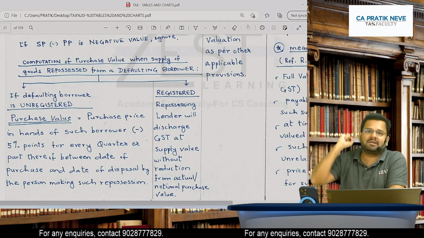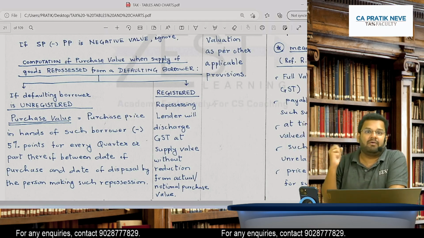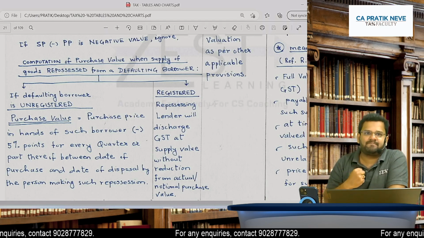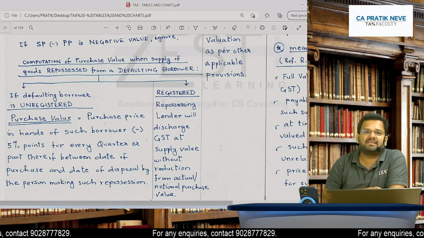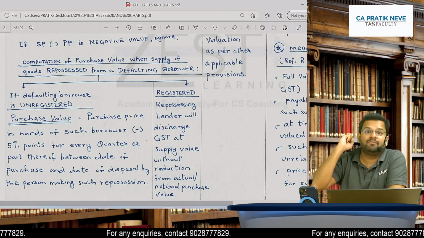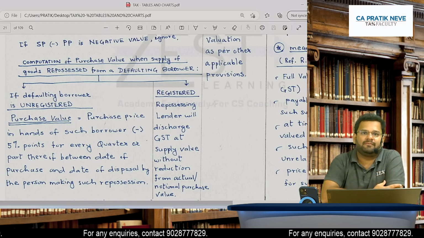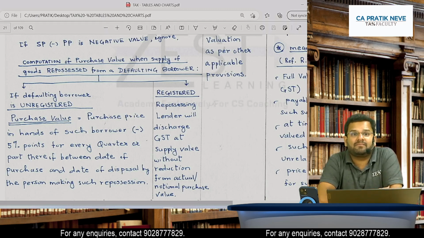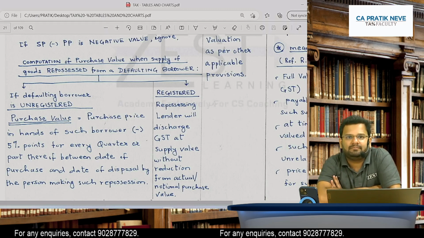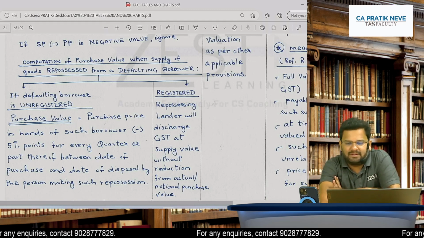Bank took his car. Why bank took his car? Because that was a security against which he has taken the loan. So bank took his car to recover the loan and bank sold it off so that bank can settle the account. Did you understand? Yes or no? The transaction.